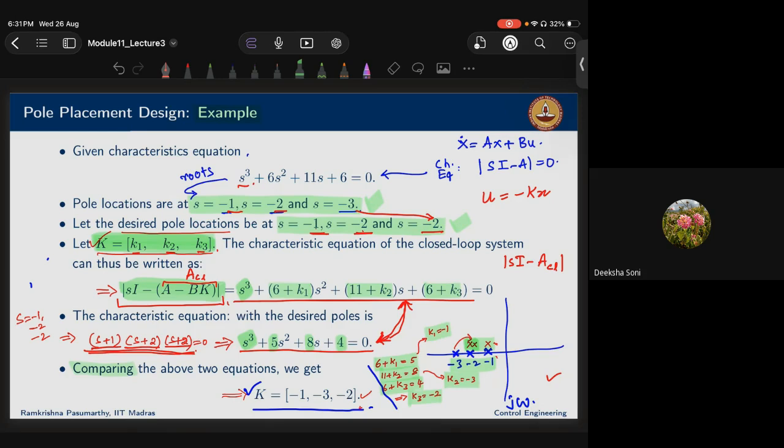Yes, sir. So this is the expression. This K, if you substitute here in place of K1, K2, K3, can you tell me how this polynomial will change?